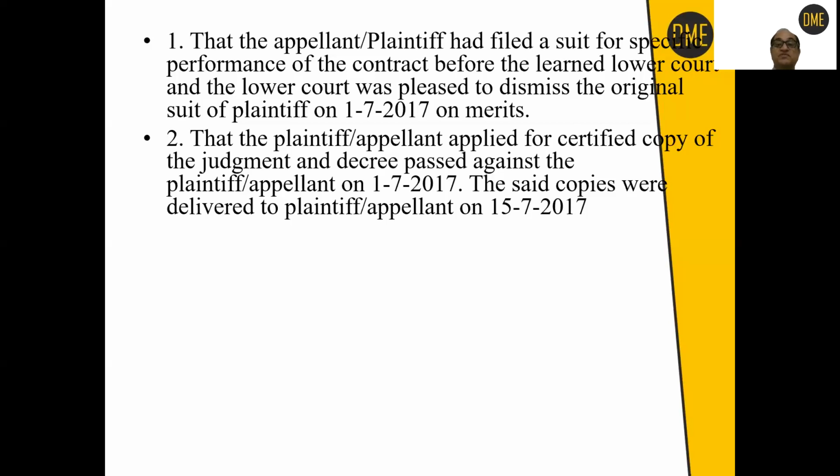See, in these 15 days the appellant or plaintiff is not at fault, because he moved the court for obtaining the certified copy of the judgment and decree on the very day when his suit was dismissed. But 15 days were taken by the court staff in preparation of certified copies.